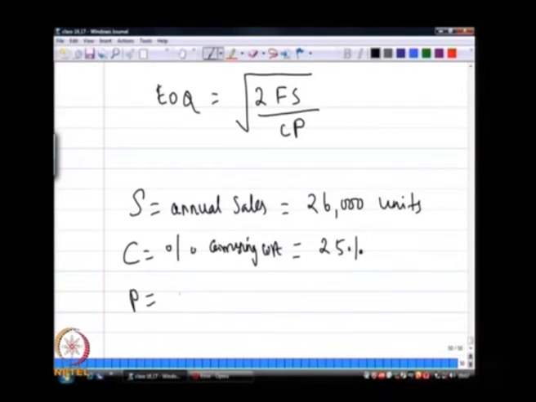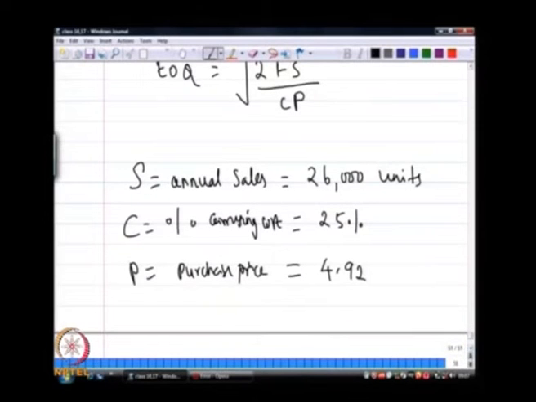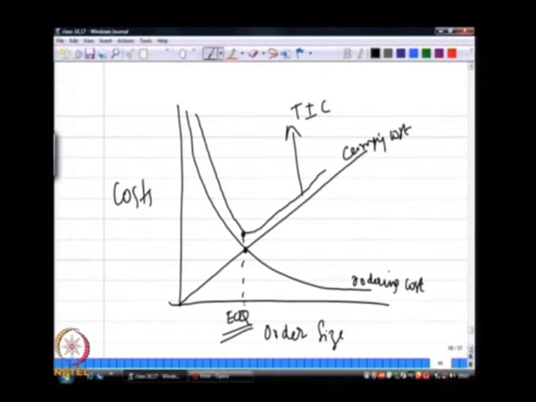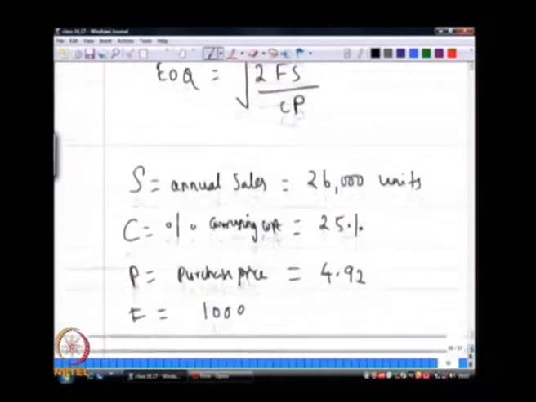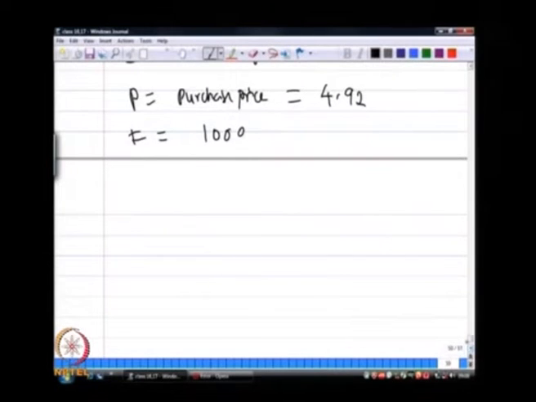Now, P is the purchase price of 1 unit of the inventory, let us say it is 4.92 rupees per unit of inventory, and let us say the fixed ordering cost is 1000. So, for every order that we need to place, the fixed ordering cost is 1000. Now, these are the numerical examples.